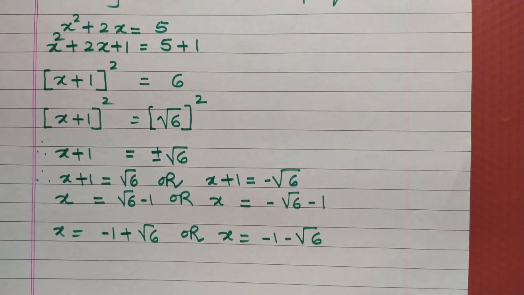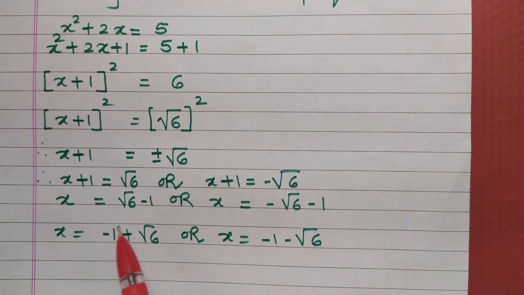But the mathematical rule says that the rational number should be written first and then the irrational number. Minus 1 is a rational number, whereas under root 6 is an irrational number. So first of all, we have to write the rational number. So your answer should be minus 1 plus root 6 or minus 1 minus root 6.